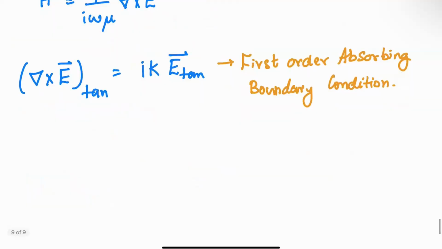HFSS uses something a little bit more complicated. It uses a second order boundary condition.